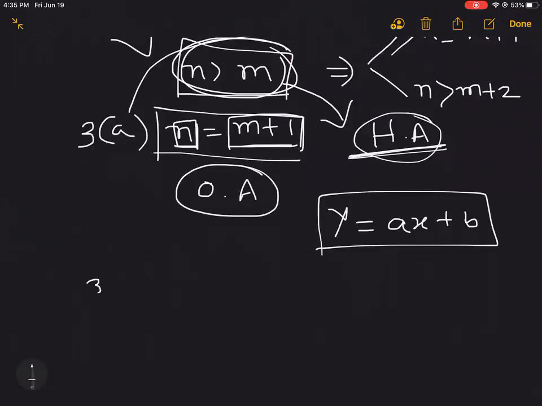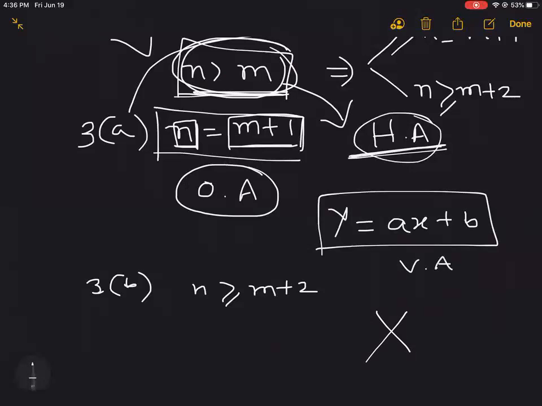And as I said, 3b, if n is greater than or equal to the degree of the denominator plus 2 or more, then you can say that there will be no asymptotes at all. As it's greater than m, we already know there will be no horizontal asymptotes, but also there will be no oblique asymptotes either. So there will be no asymptotes at all. Now let us see one example of each, okay?